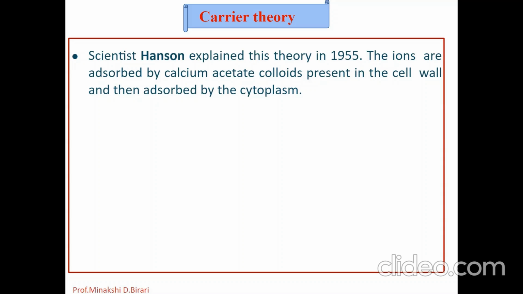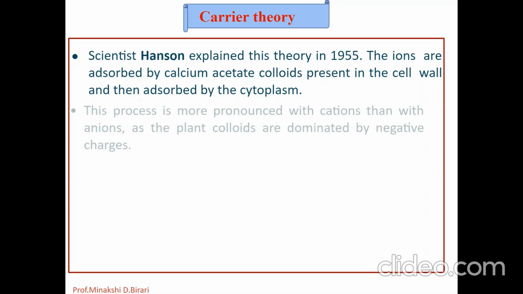The ions are adsorbed by calcium acetate colloids present in the cell wall and then adsorbed by the cytoplasm. This process is more pronounced with cations as compared to anions, as the plant colloids are dominated by negative charges.